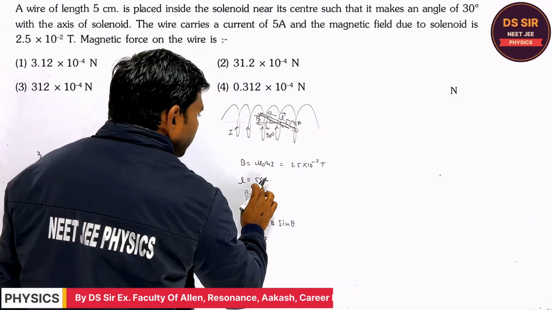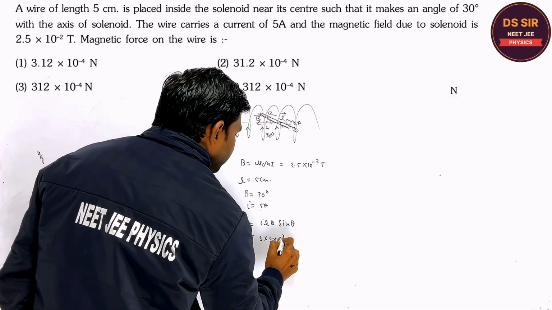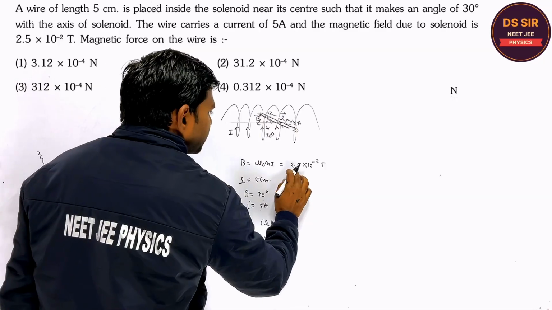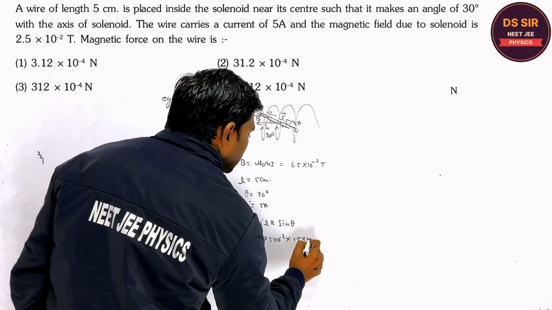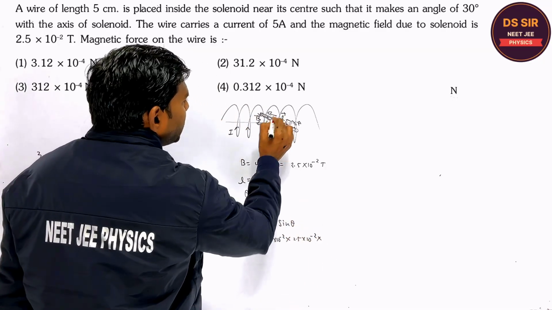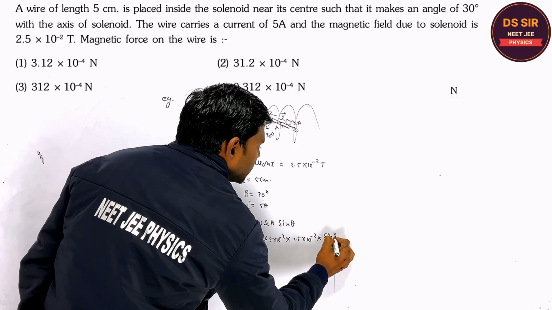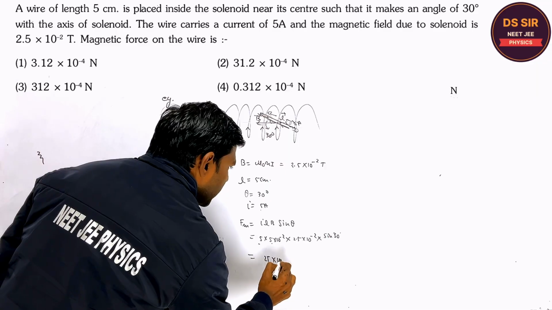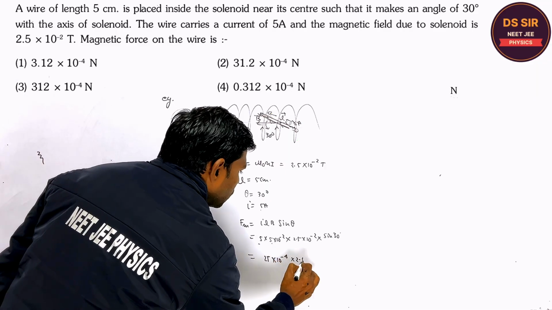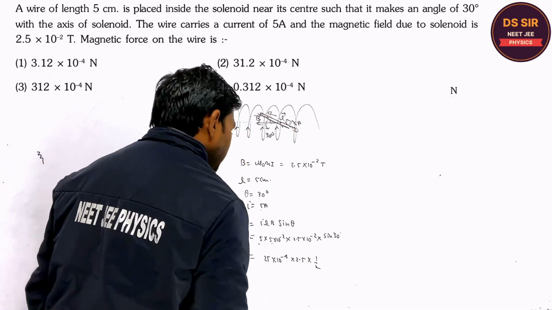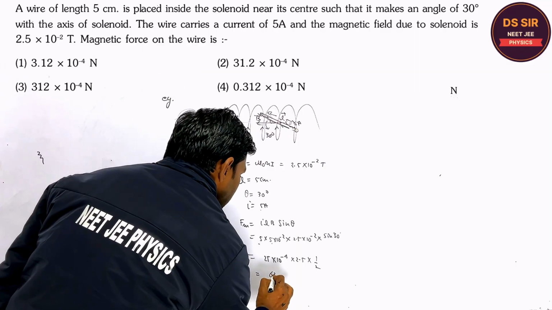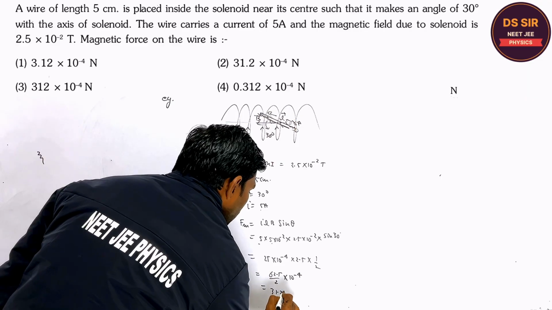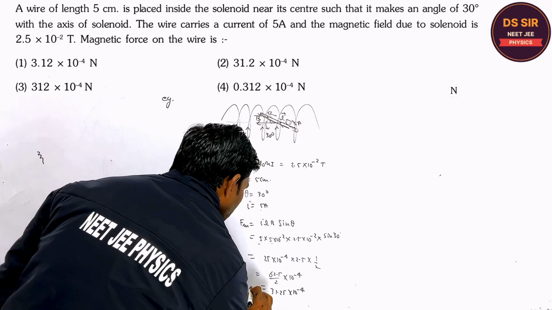What is the length of this wire? 5 centimeter. The magnetic field due to the solenoid axis is 2.5 into 10 to the power minus 2, and theta is sine 30. Sine 30 value is 1 by 2, right? 25 into 10 to the power minus 4 into 2.5 into 1 by 2. Is it clear or not? 625 by 2 into 10 to the power minus 4, that is 31.25 into 10 to the power minus 4 Newton.